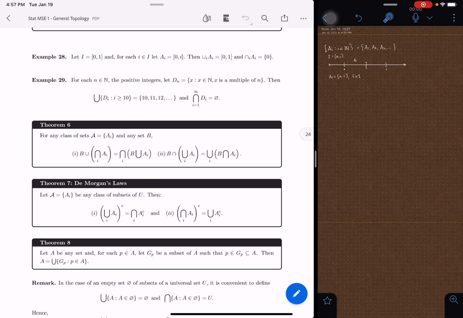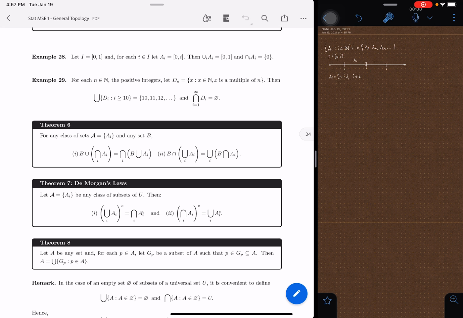So if we get the intersection of all the A sub i's that we can define for the number i from 0 to 1, then the common element of all those sets will be the element 0. That is why the intersection of all A sub i is the singleton set containing 0.